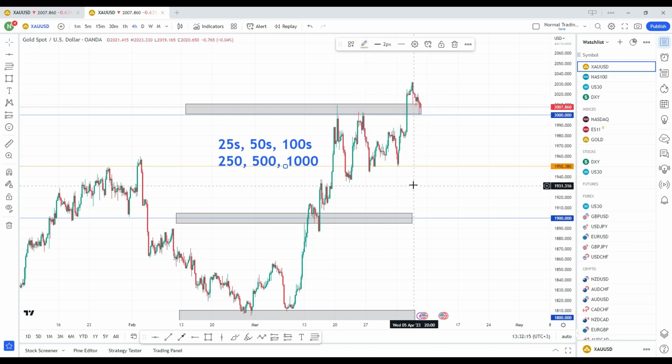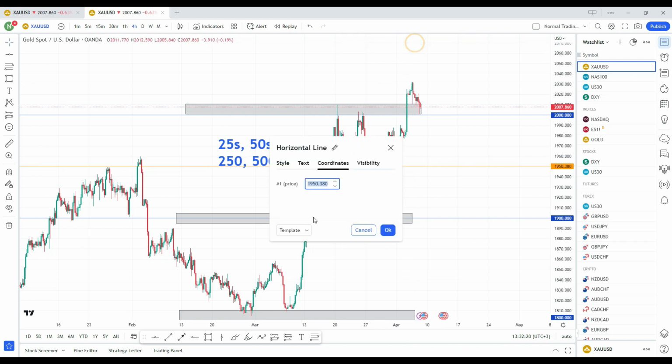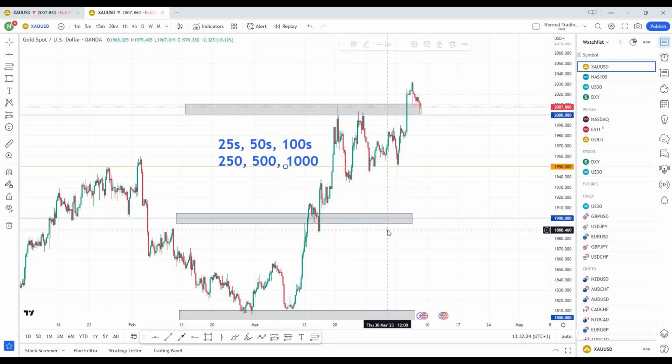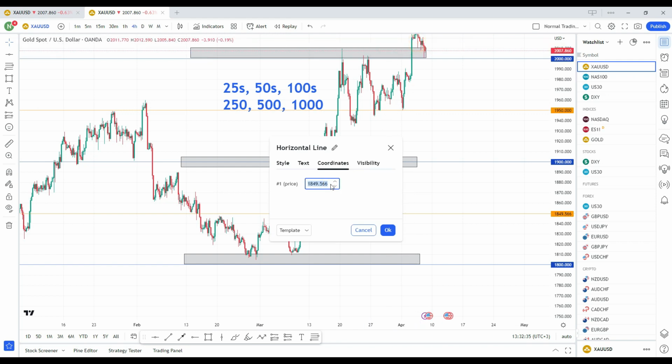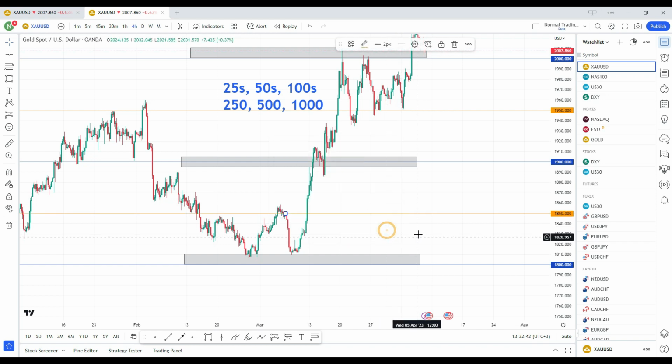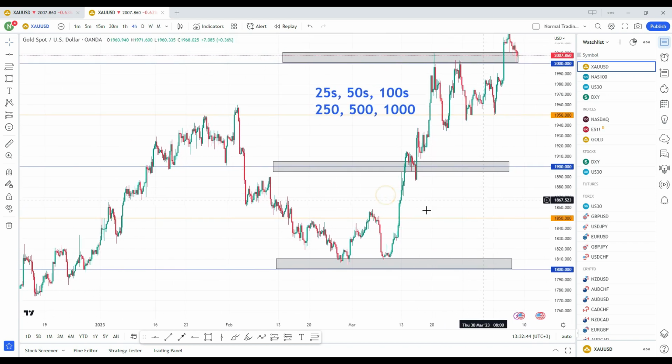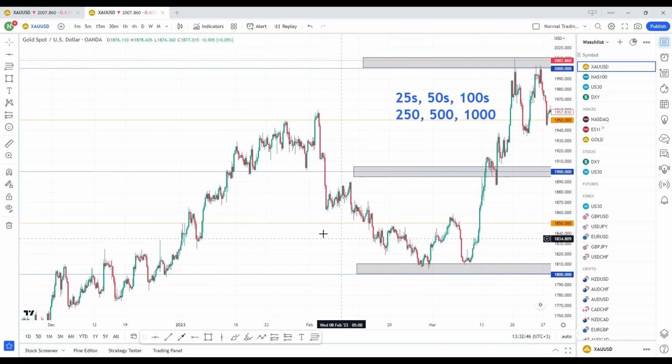Okay, so this should be 1950. And come to another, 1850. So again, these are other strong zones.